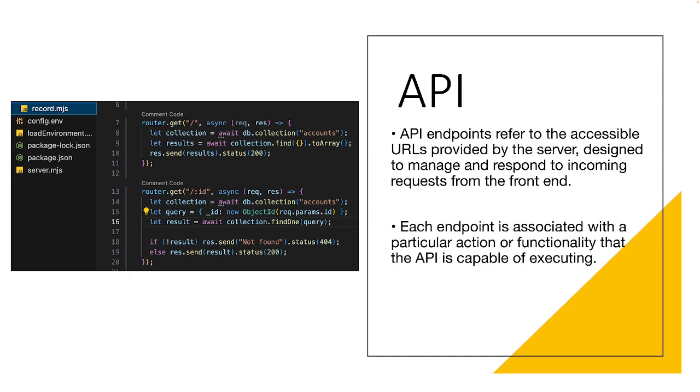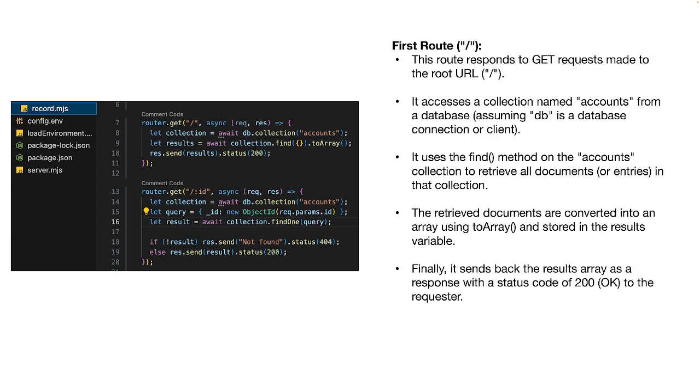API endpoints refer to the accessible URLs provided by the server, designed to manage and respond to incoming requests from the front end. Each endpoint is associated with a particular action or functionality that the API is capable of executing. Right here is what my GET function is actually doing. This route responds to GET requests made to the root URL.